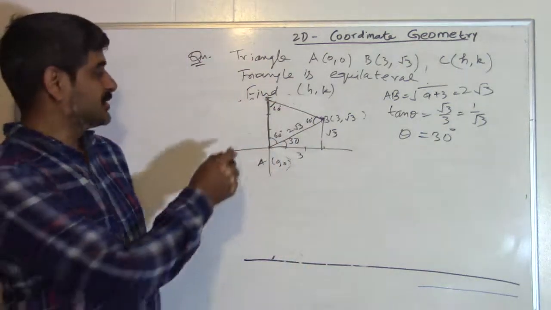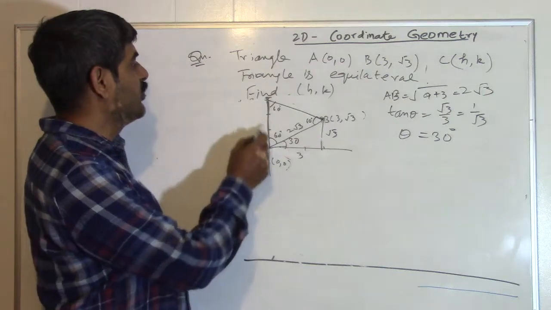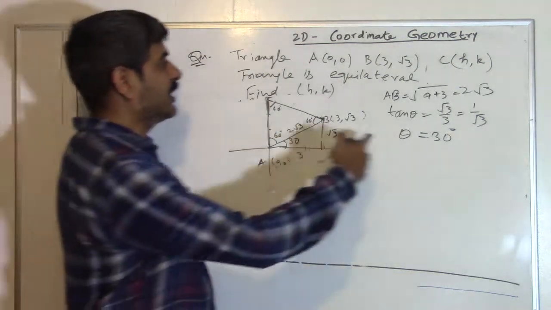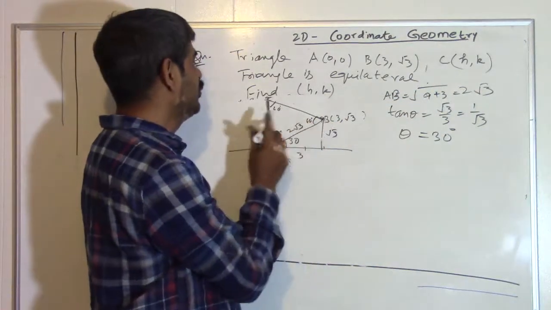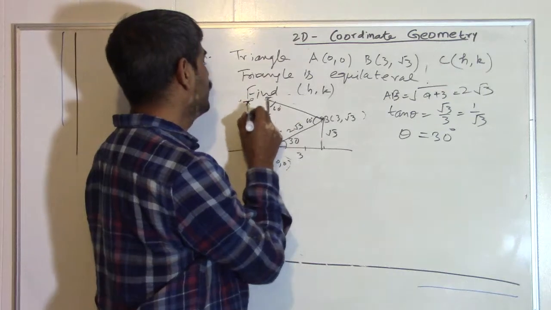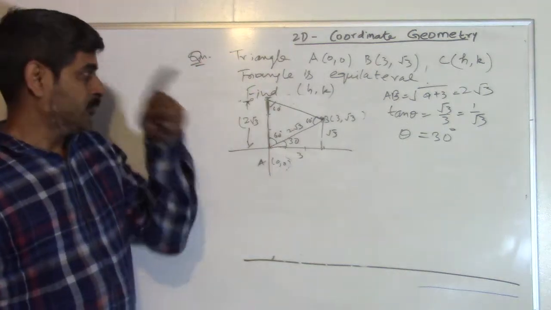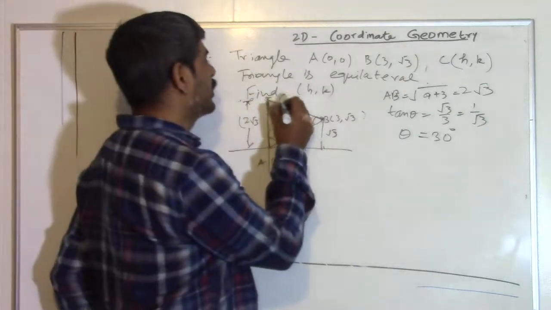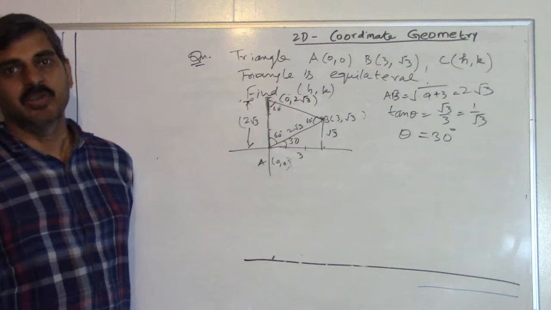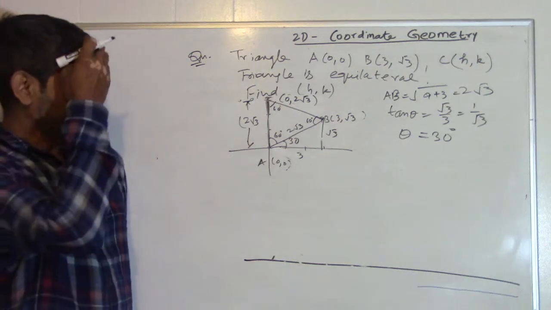This angle 60 degree means this whole angle has to be 90 degree, and that is possible only when this angle is 90 degree. And we know that the length of this side AB is 2 root 3, so this also will be 2 root 3. This length will be 2 root 3. And when this length is 2 root 3, then the coordinate of this point will become 0 and 2 root 3. So that is an easier way of solving the same problem, especially if you will be given a coordinate.